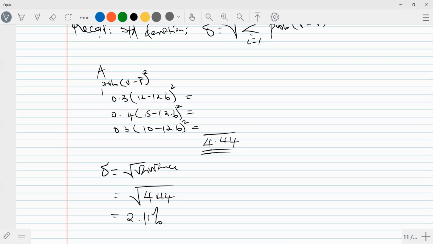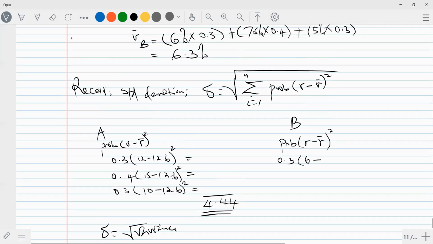We apply the same process now to stock B. Probability multiplied by deviation squared. For the first outcome, 0.3, the outcome is 6 minus the mean. The mean we got was 6.3%.